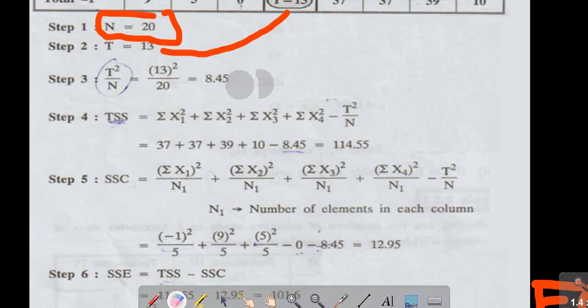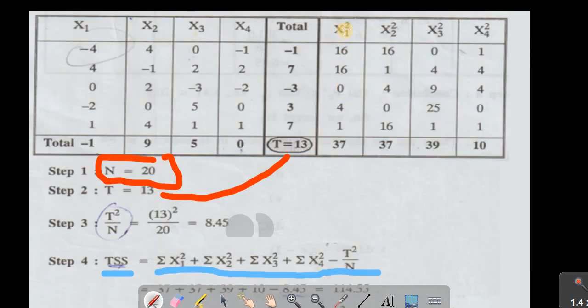What is TSS? The formula is summation of x1 square plus summation of x2 square plus summation of x3 square plus summation of x4 square minus T squared by N. Okay, now the summation of x square, what is the meaning here? This is the summation, it's a square.